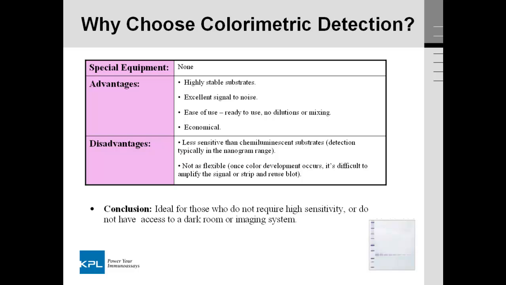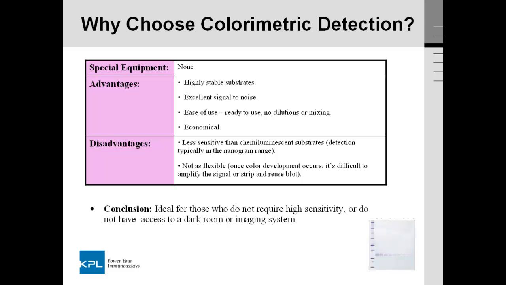It is an easy technique to perform as no special equipment is needed for development. Advantages include the following. The substrates involved are highly stable and easy to use. They allow for excellent signal to noise and are rather economical. Disadvantages, though, include that they are not as sensitive as chemiluminescent substrates.